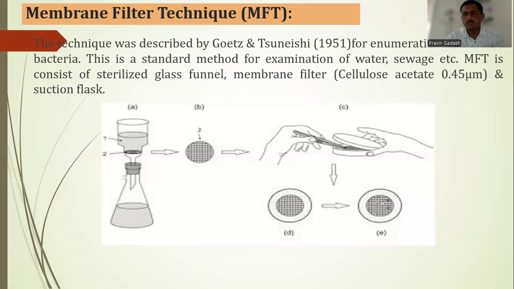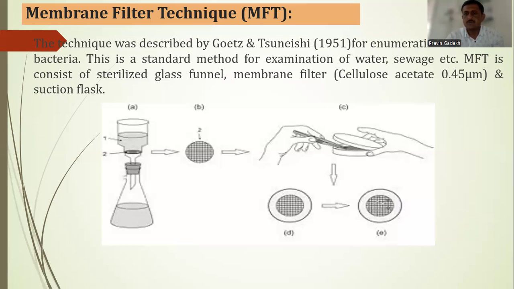Depending upon the type of water sample we have to filter, we can use different types of nitrocellulose acetate filter. Filters of pore size 0.1 micrometer are generally used for the MFT technique, which effectively retain all bacteria. In case of turbid samples, pre-filters are used to remove the particles.